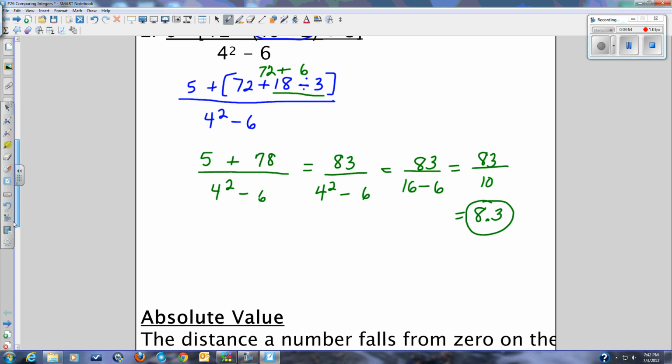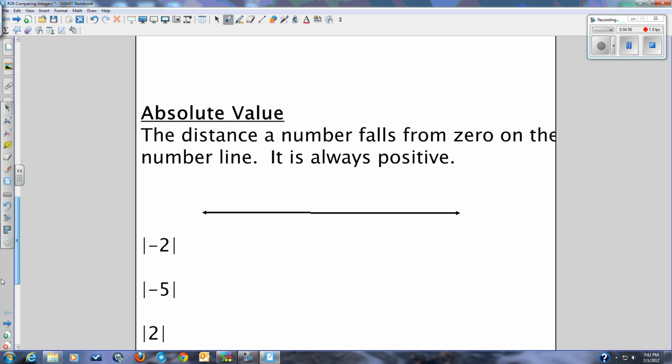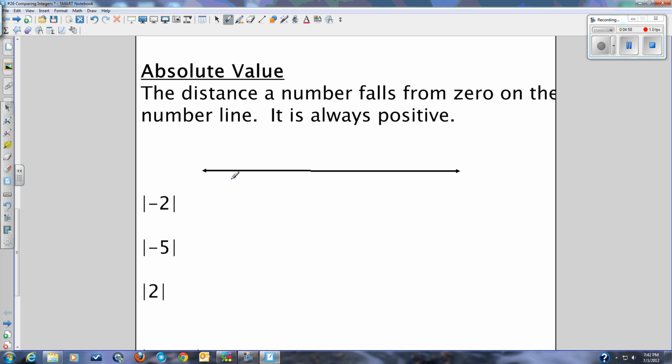Next thing we want to talk about, absolute value, is the distance a number falls from 0 on the number line. And one thing about absolute value you need to remember is it's always positive. So here's my number line. I have positive numbers that go to the right.